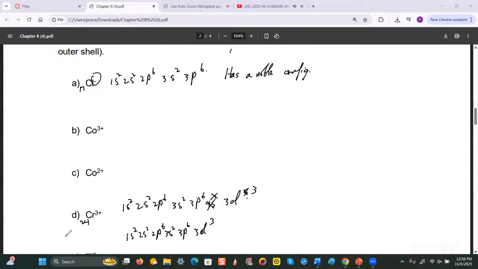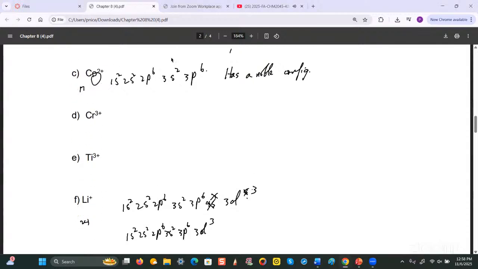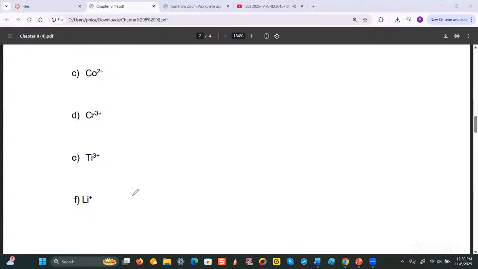Is there any more in this section? Oh, 2 more, actually. Let me clear this here. All right, titanium 3+. The atomic number of titanium is 22. So 1s2, 2s2, 2p6, 3s2, 3p6, 4s2, and then 3d2.